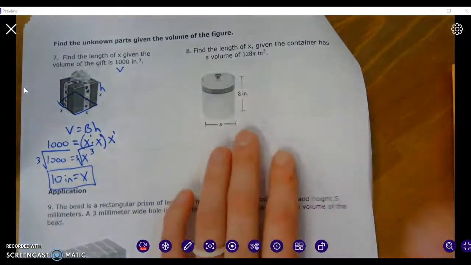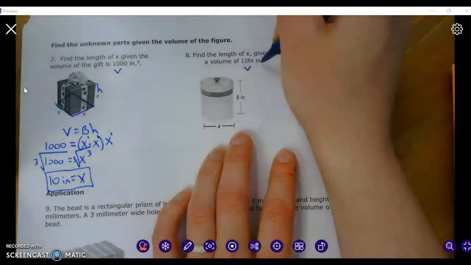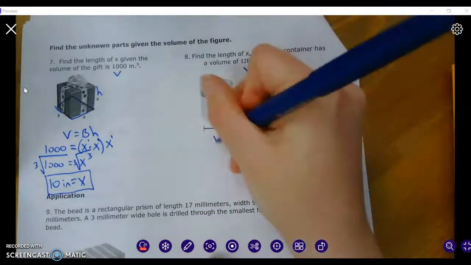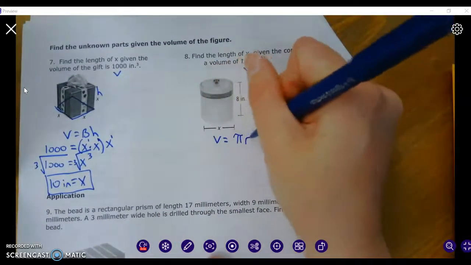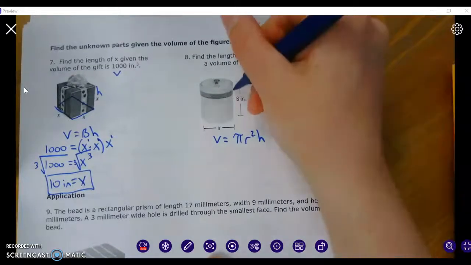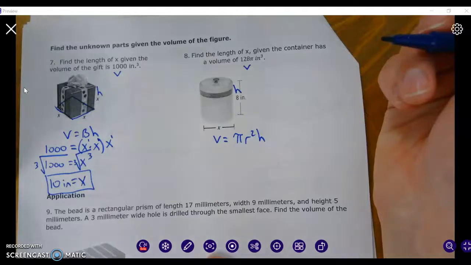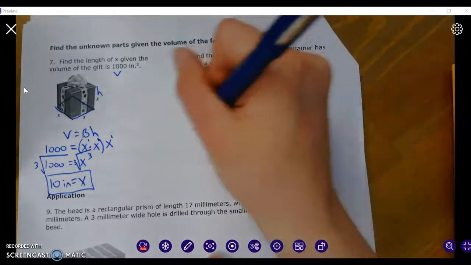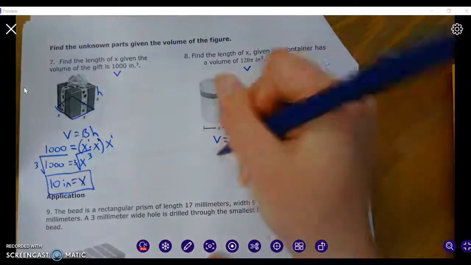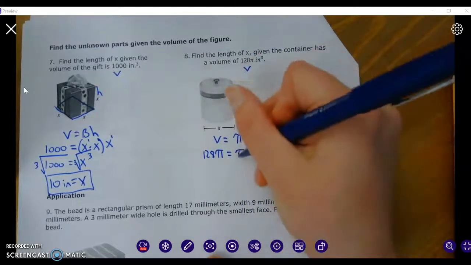Okay, so let's try out our cylinder. So our cylinder is 128 pi inches cubed, so I'm going to copy down the formula first. So there's our volume formula. We have 8 inches as the height. So I am looking to find what the diameter is. So I'm going to plug in 128 pi there.